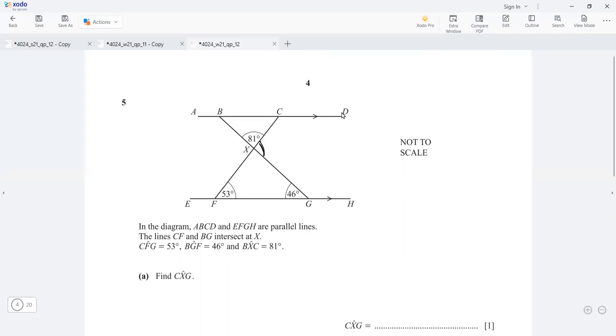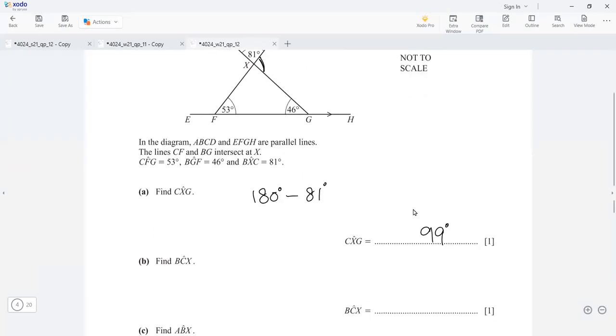This is a straight line, so angles on a straight line must be supplementary, meaning the sum of those two angles is 180 degrees. If we subtract 81 from 180, that gives angle CXD, and it must be 99 degrees. So this is the answer for this angle.